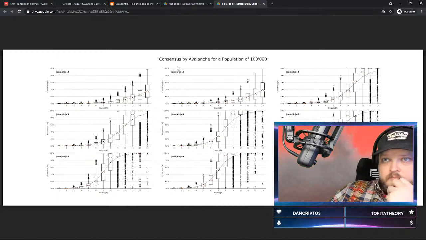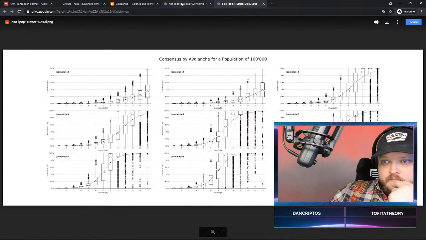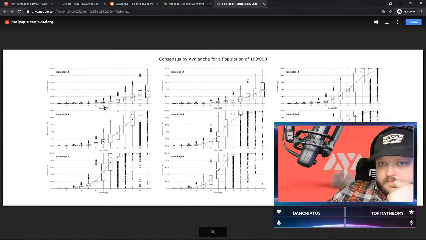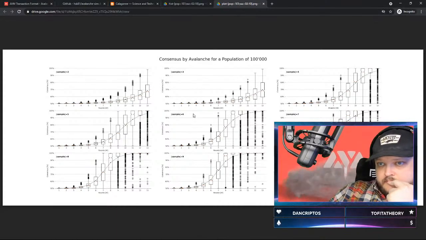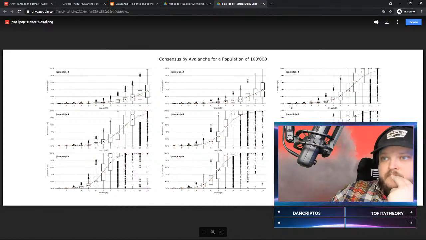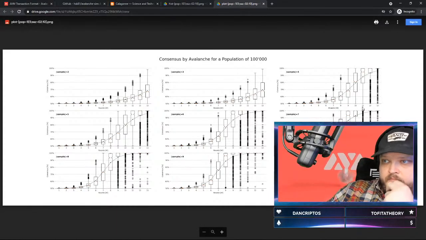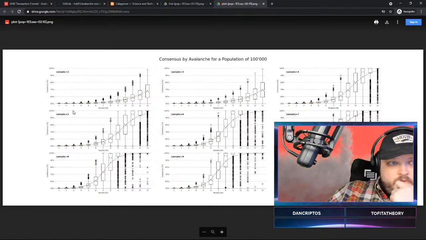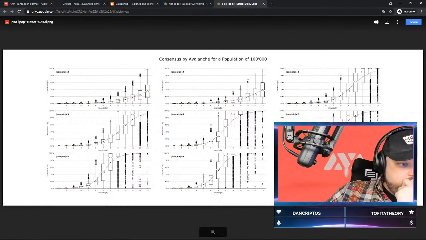You see the graphs. I produced those graphs. On the x-axis you have the rounds, the consensus messages per transaction. Here I think I have 9 samples in these graphs.